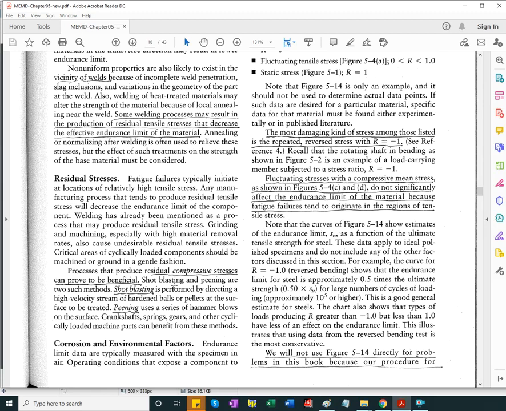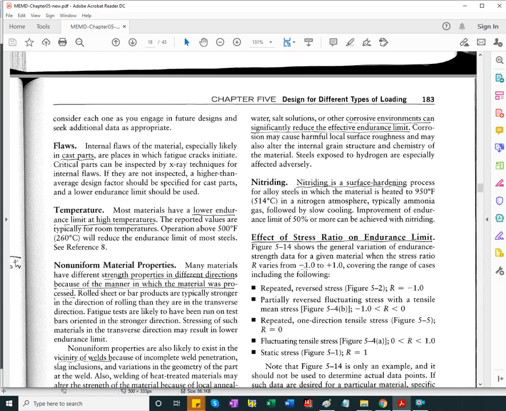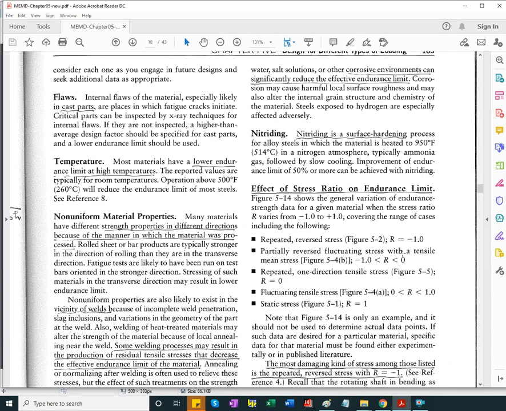So any compressive residual stress is beneficial. If they are tensile residual stresses, those worsen the endurance strength of a part. Corrosion can exacerbate by starting small crevices of oxidation at the surface from where the crack can grow.